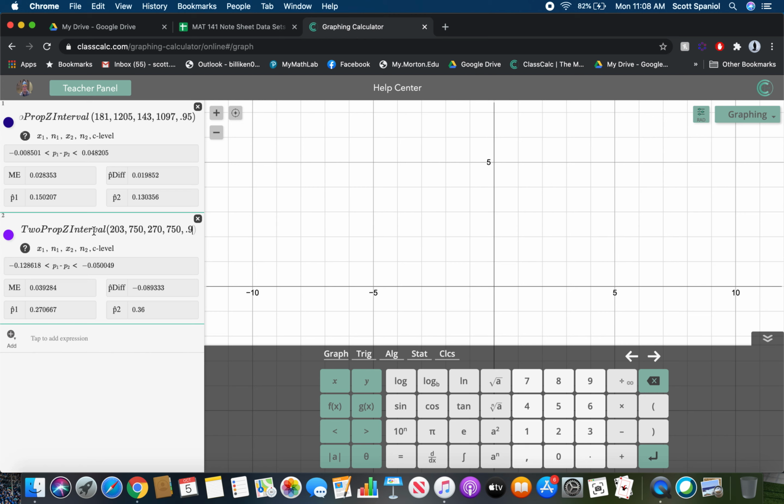So 0 is not in the interval, so that means there is sufficient evidence to suggest a difference in the proportions of men and women who are normal weight.